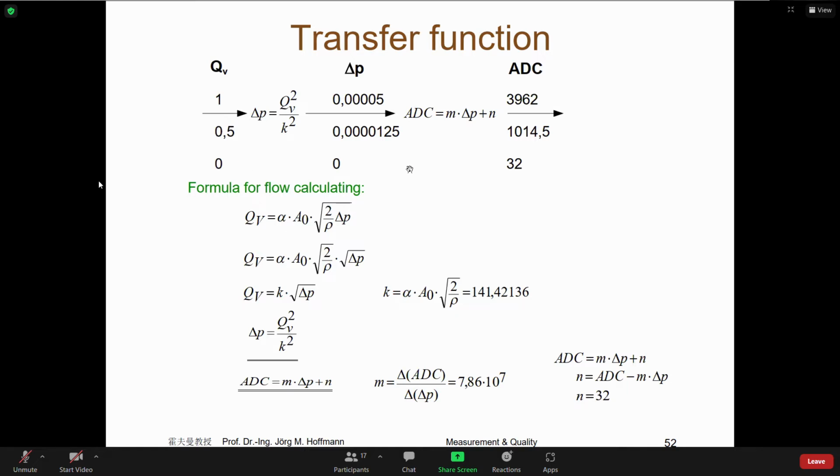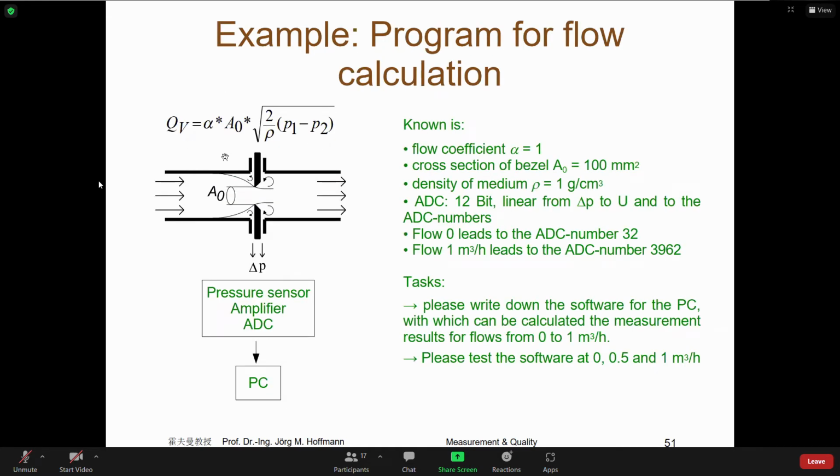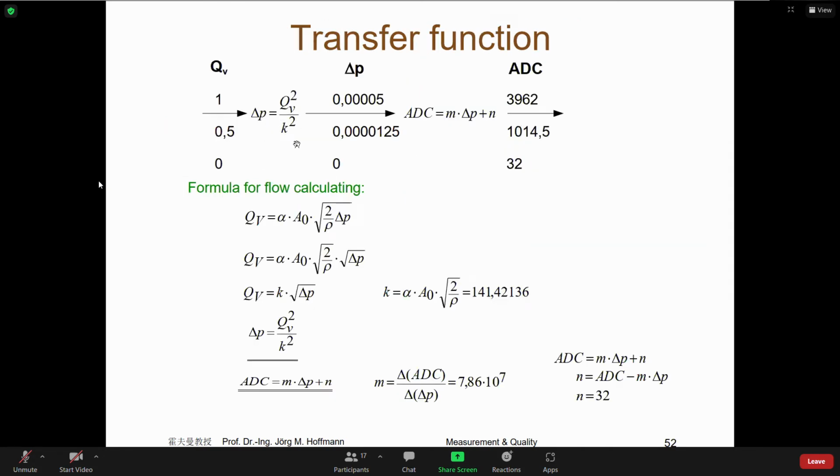At first, we make an analysis of the whole measurement system. And you see here, I have 3 points: 0, 0.5, and 1 cubic meter. And then we have this formula that is the same like this, but all the constant parameters like alpha, A0, and the density I have put in a constant here.